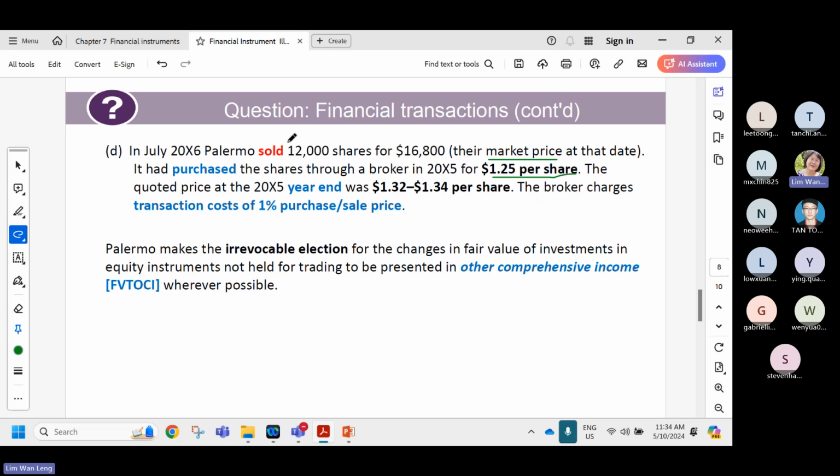So which means the last time they paid is how much? 12,000 times 1.25 per share. So this will amount to how much? 1.25 times 12,000 shares. So they paid 15,000 for this.